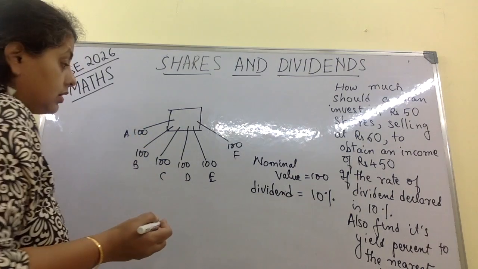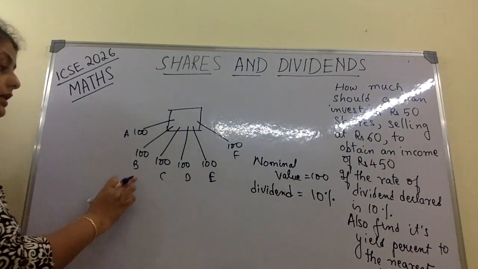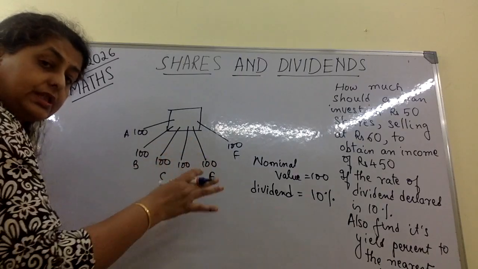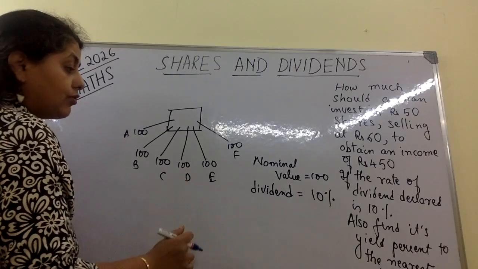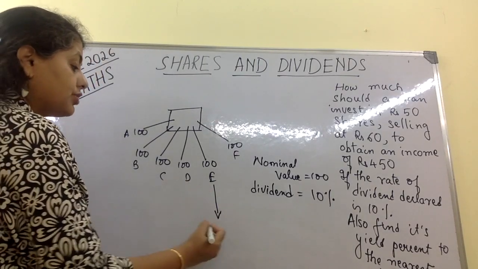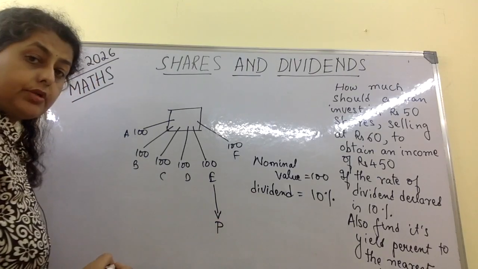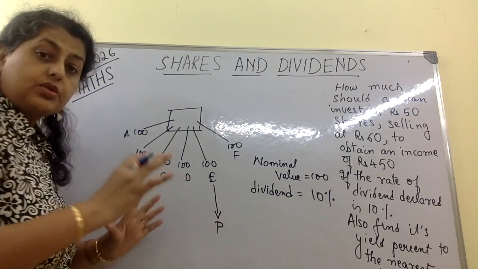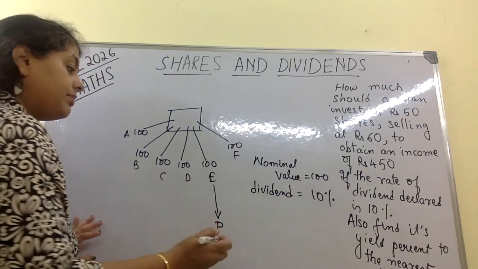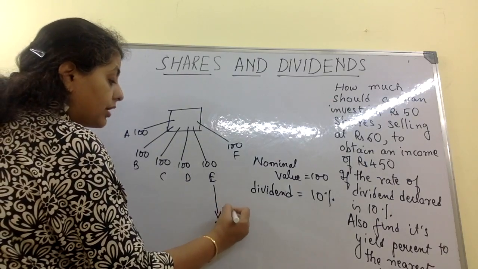Next, whoever had bought these shares might want to sell them off to another person. Supposing E wants to sell it to person P. If the market is good and all the companies are doing well, then maybe he is selling it for 200.